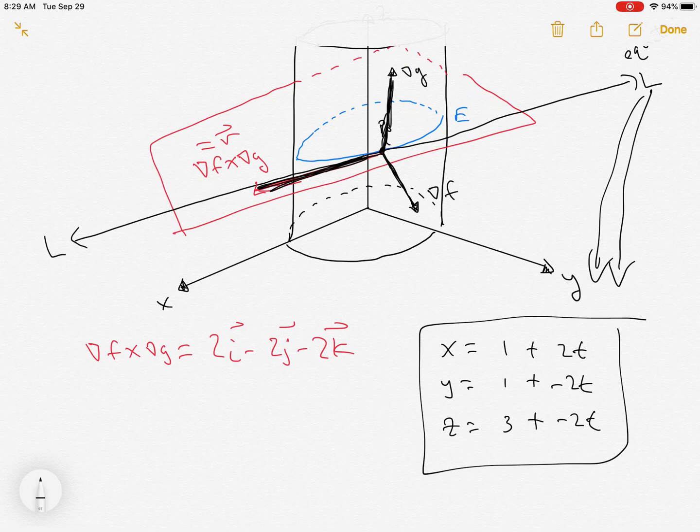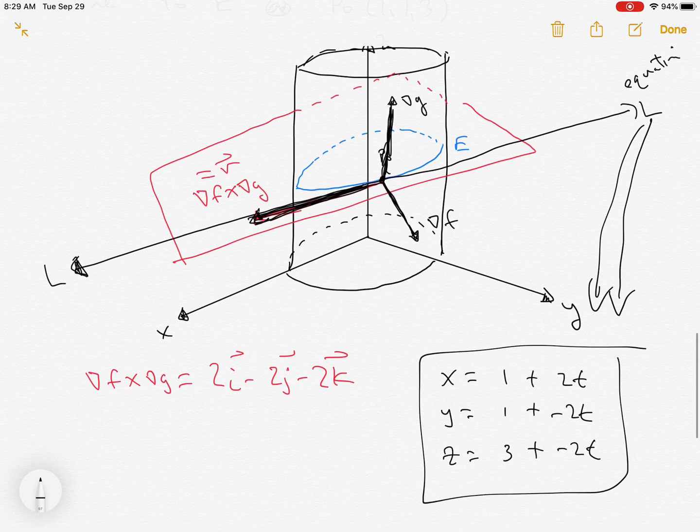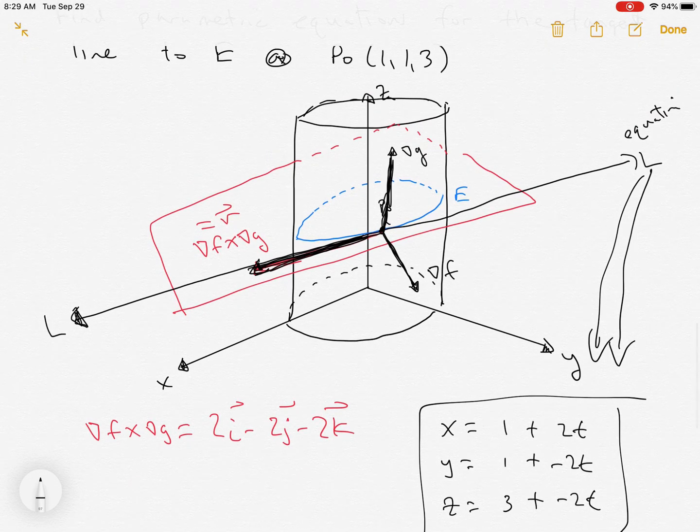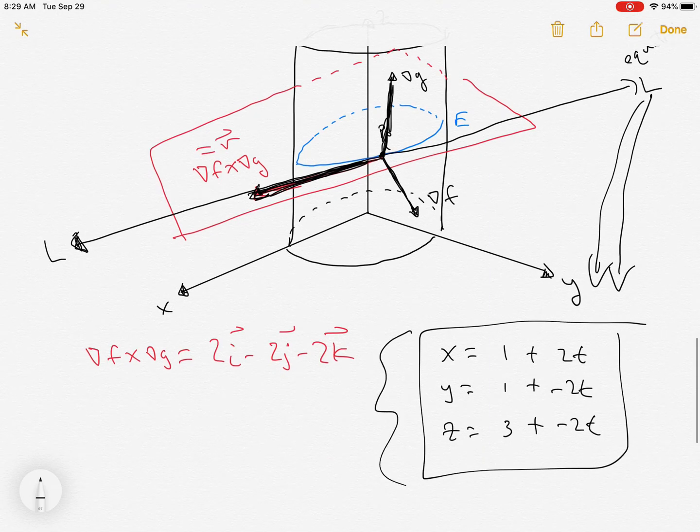They are. Never mind. It doesn't matter. When you cross them, you get this guy. Del F cross del G, and that's the vector we want because it's parallel to L.